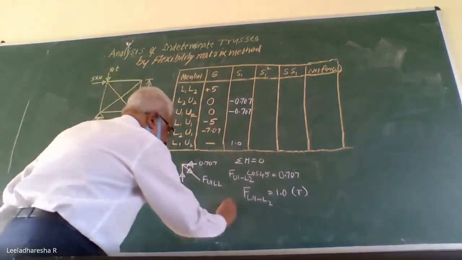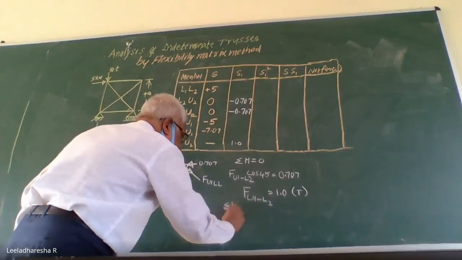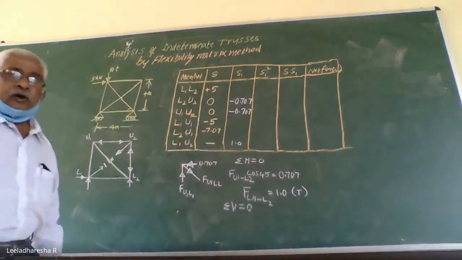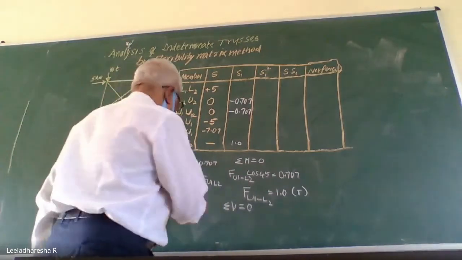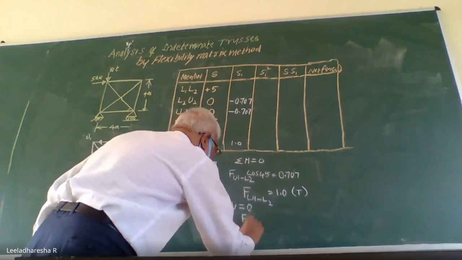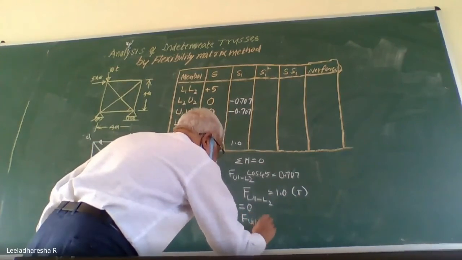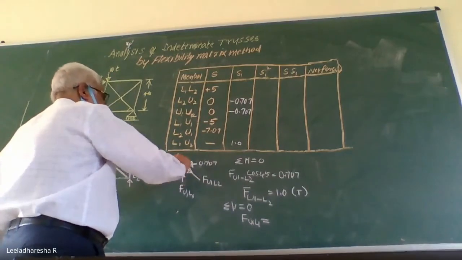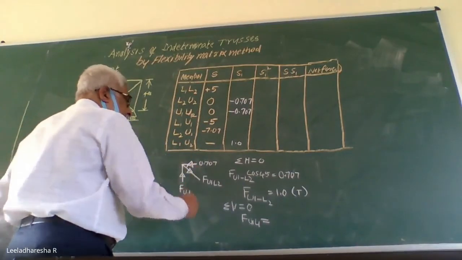Now apply second condition of equilibrium, sigma V equal to 0. Now F U1 L1, it is acting vertically upward. It must be equal to this component, F U1 L2 cos of 45.